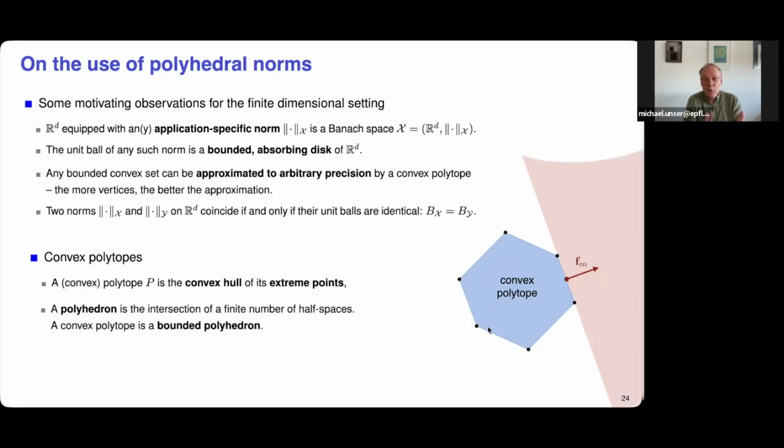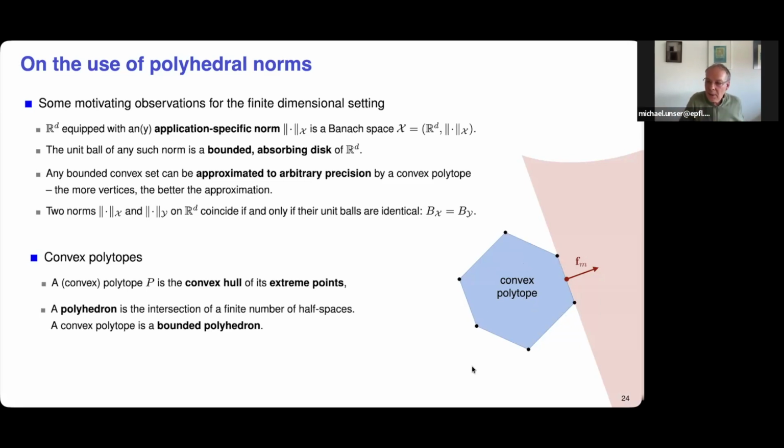But there's also an equivalent way to represent polytopes, not by taking the extreme points, but by looking at the supporting hyperplanes. Think of facets, and you put supporting hyperplanes that divide the space in half spaces.